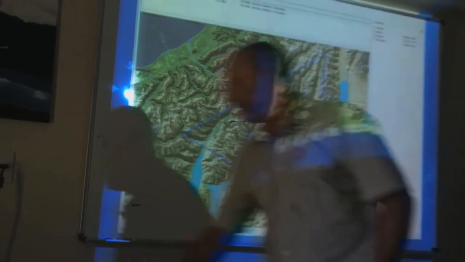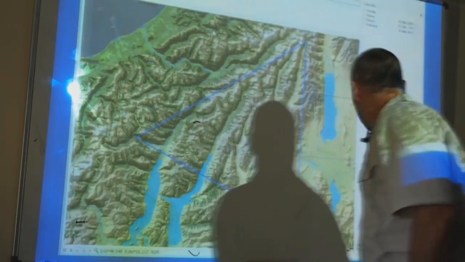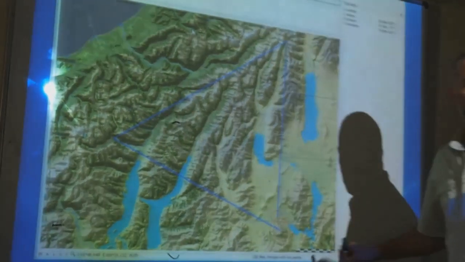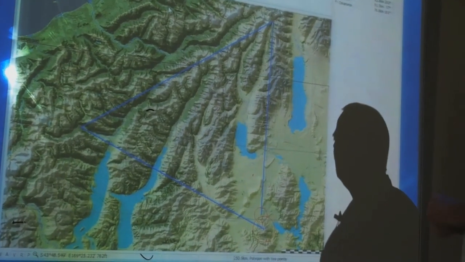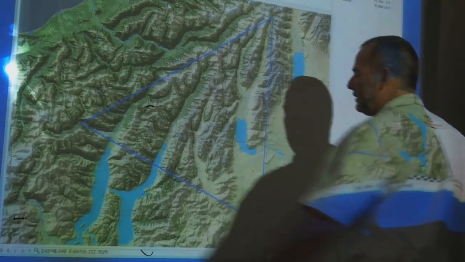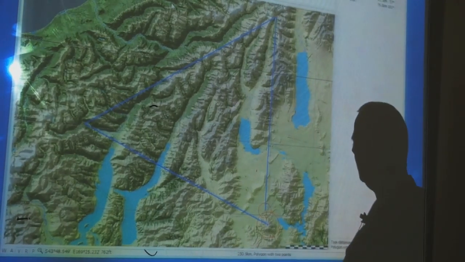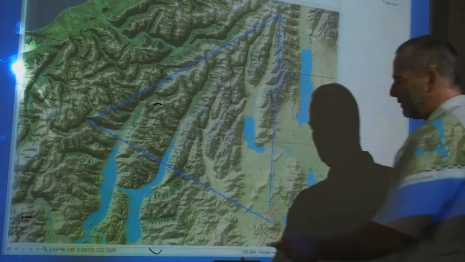So with the wind blowing across the country from left to right, all these ridges may produce wave. Okay, let's look at what can do it.